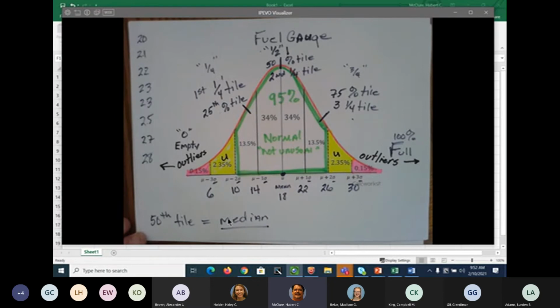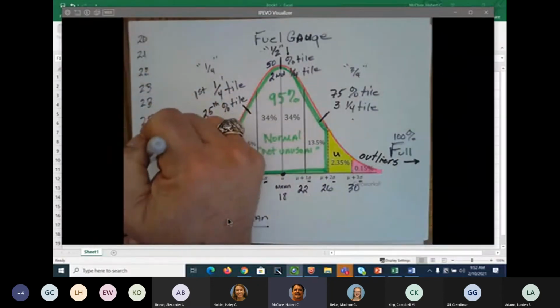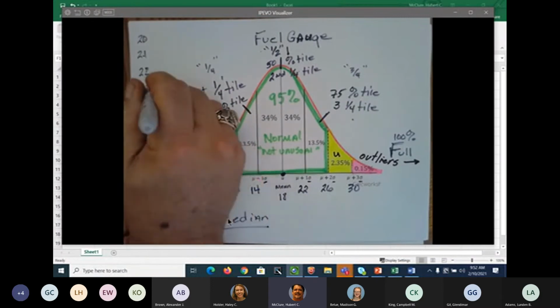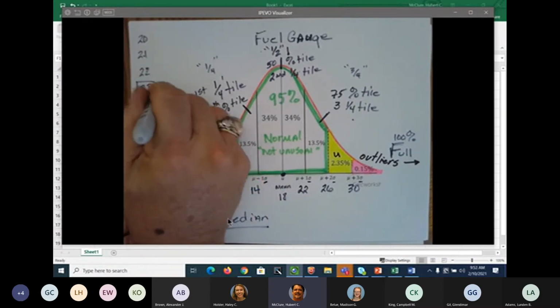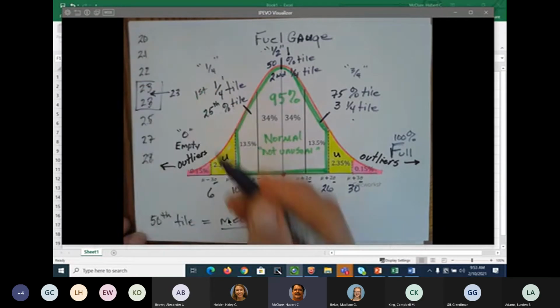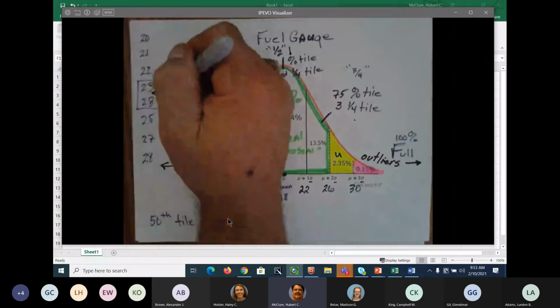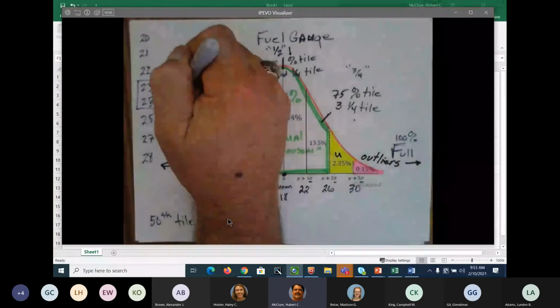So you have to find the median, which is, let's see, 1, 2, 3, 4, 5, 6, 7, 8. And so the median is right there, 23. You take the average of those two numbers. And then you say, well, how many numbers are above that median? 1, 2, 3, 4.